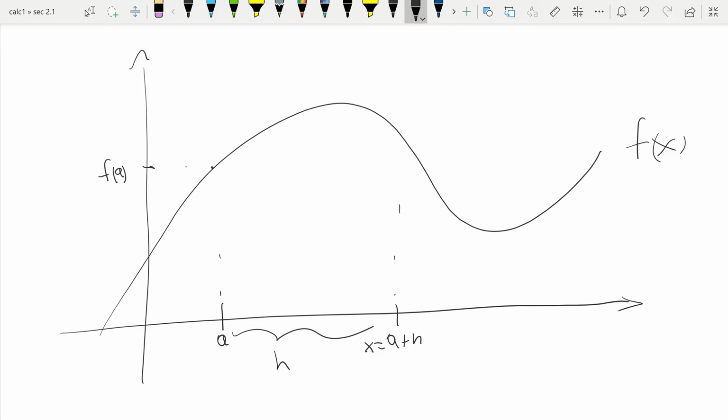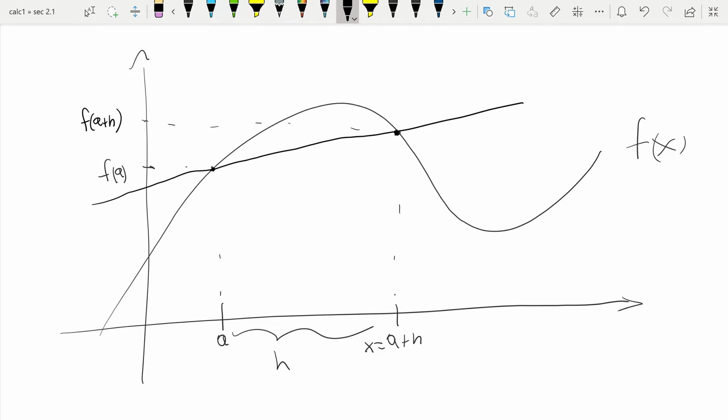And at this point, we get another value of f of a plus h, and we can consider the line that passes through these 2 points.